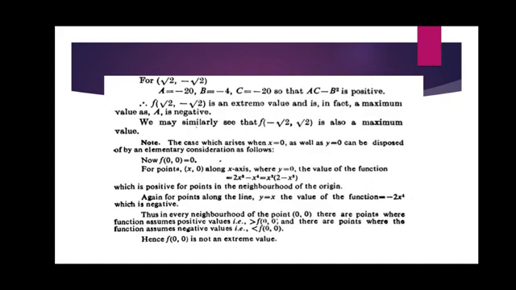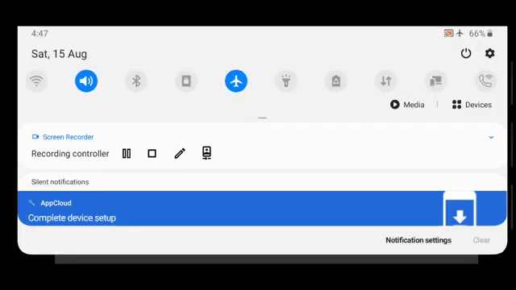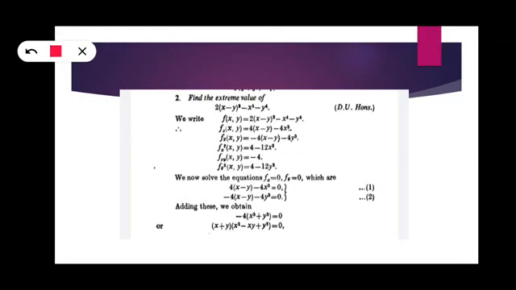Now we take the point root 2 comma minus root 2. If we substitute at a, that is x is equal to root 2 and y is equal to minus root 2. Now we take this thing. So here we know a is equal to what?